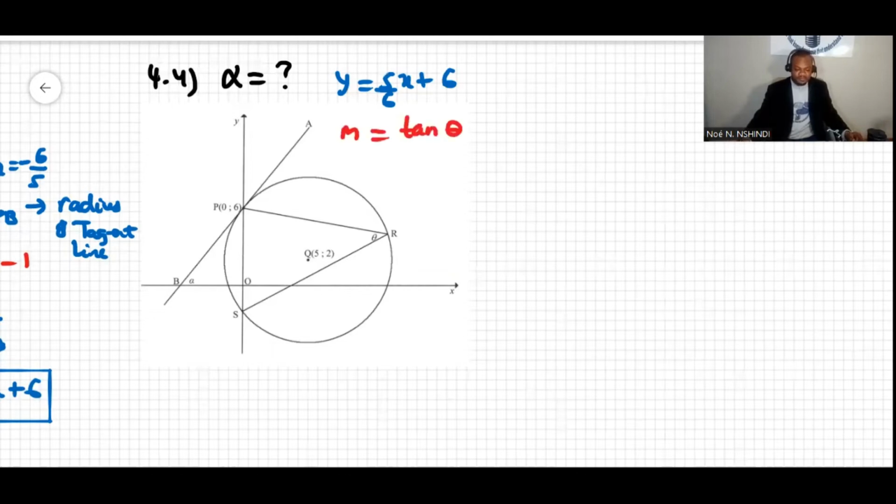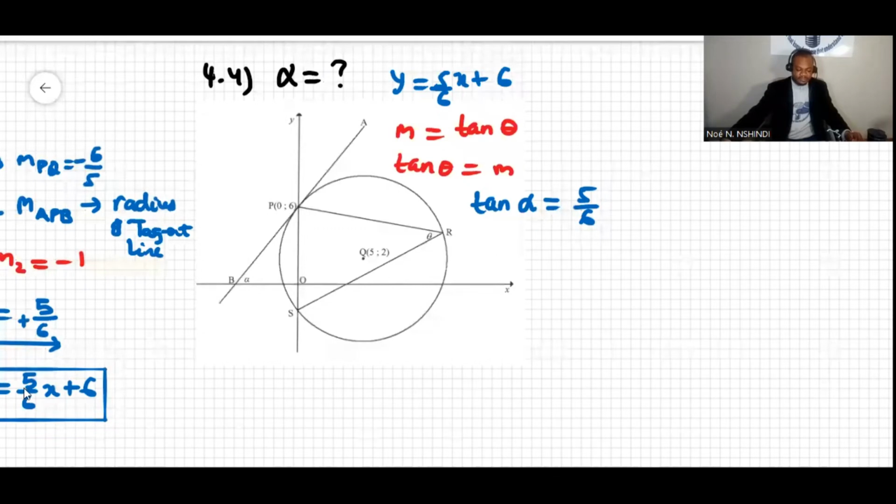In other words, tan of the angle equals the gradient. So in this situation, we can say tan of alpha will be equal to 5/6.